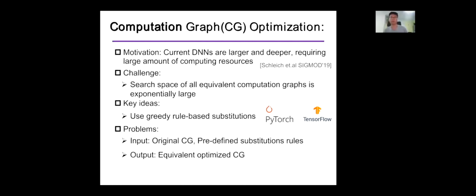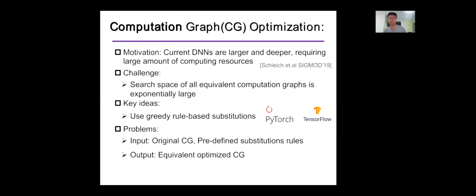Existing deep learning frameworks like TensorFlow and PyTorch optimize an input graph by performing greedy rule-based substitution on it. Each substitution replaces a subgraph matching a specific pattern with a new subgraph that is equivalent to the original one.